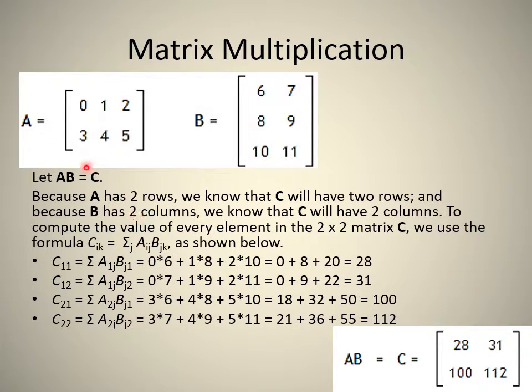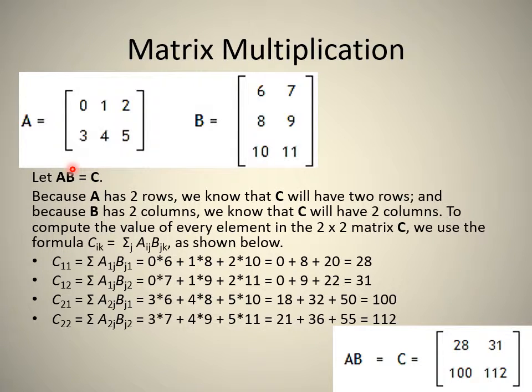And then only will we go to the second row of your first matrix. 3 times 6 plus 4 times 8 plus 5 times 10. And that will then be in the second row, first column, that element, 100.